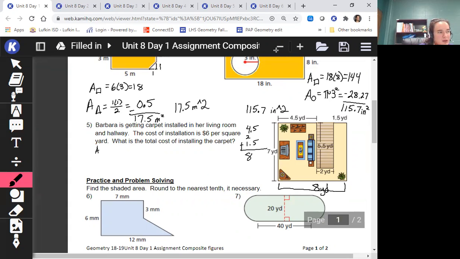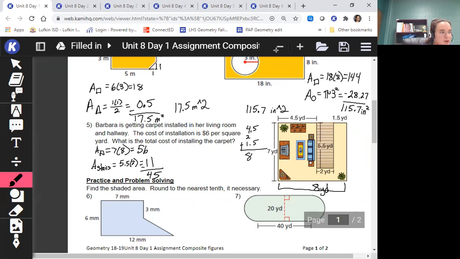So the area of the rectangle as a whole is 7 times 8, which is 56. And then we need to find the area of the stairs to take them out. So 5.5 times 2, that's 11. We're getting rid of the stairs, so we're subtracting. And that gets us 45.